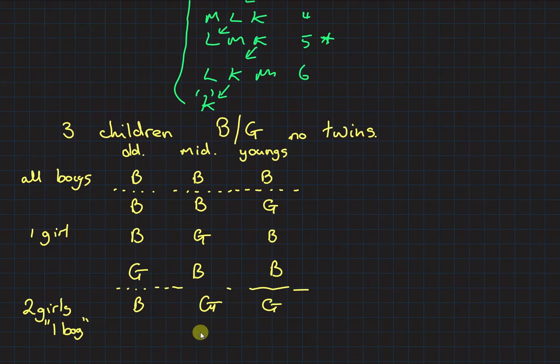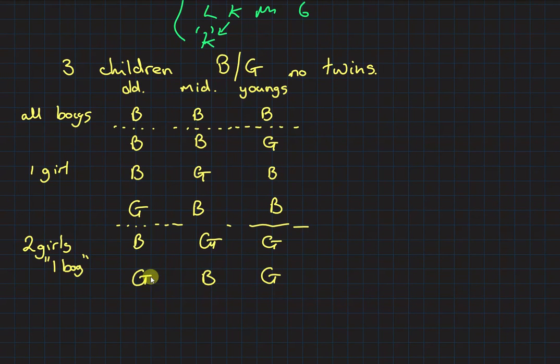So move that girl over, that one moves to there, that's the same. So we can now only move one girl to being oldest, and the boy and the girl. Keep scrolling on. Effectively, the boy is moving this way now. We've got 2 oldest girls and 1 youngest boy. And you might see by the pattern, the last option is all girls.